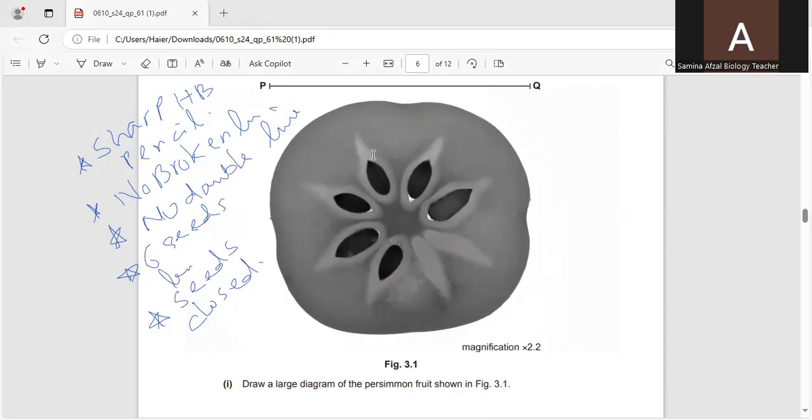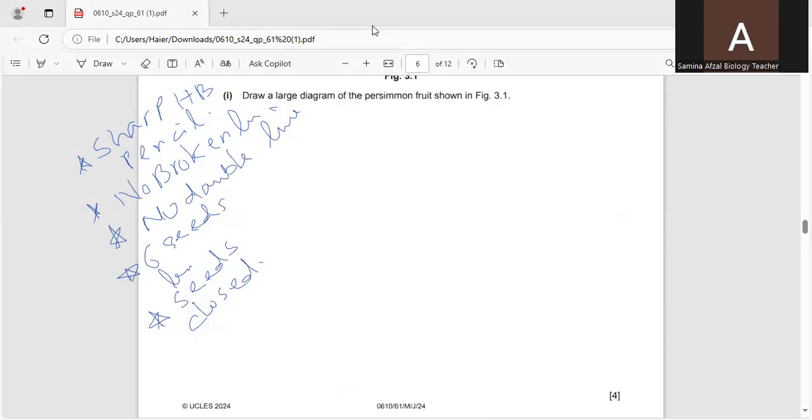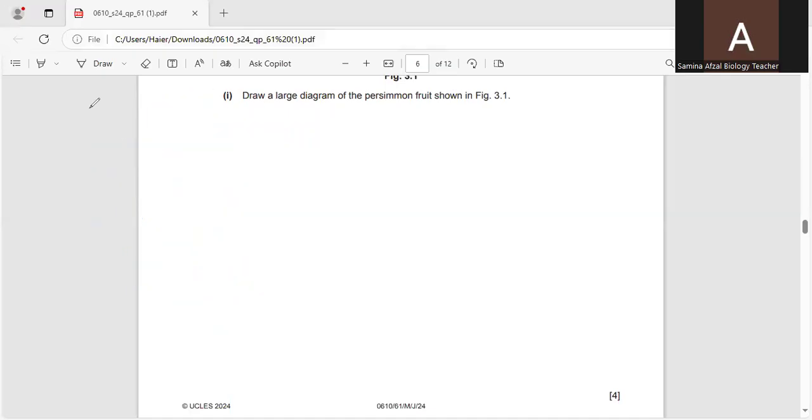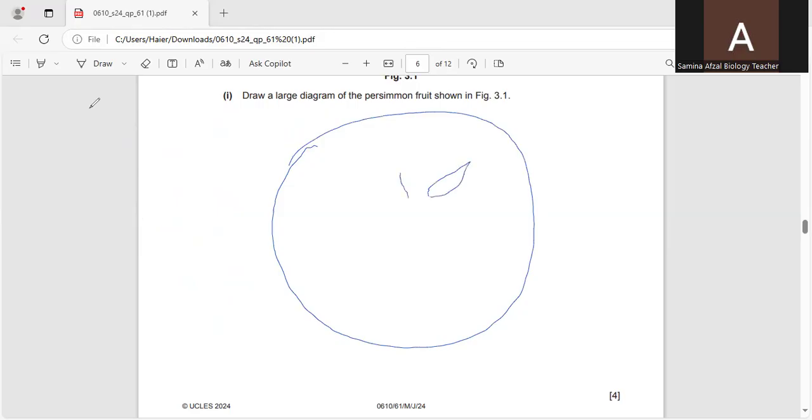And of the space given for this drawing, about 2/3 should be used. When you are drawing, it should resemble the picture in this way.